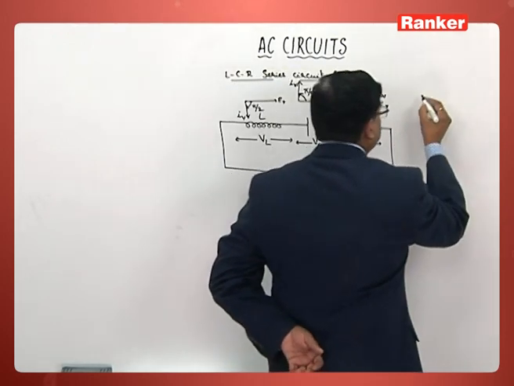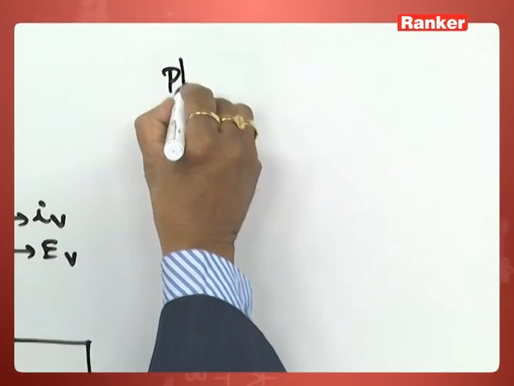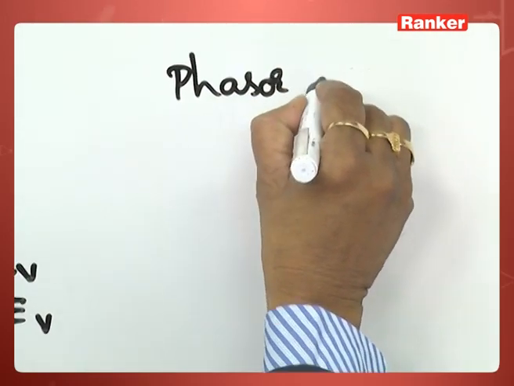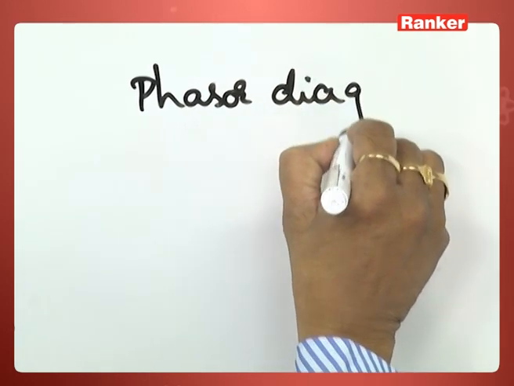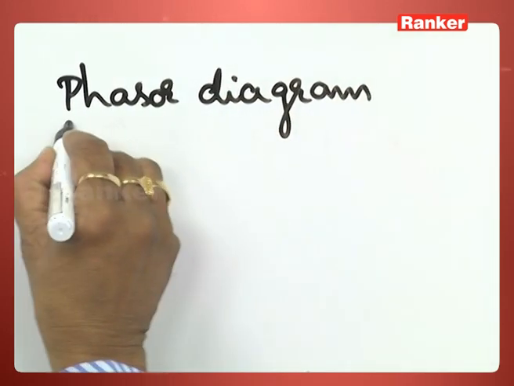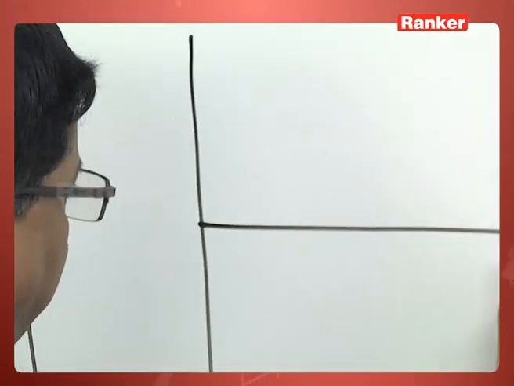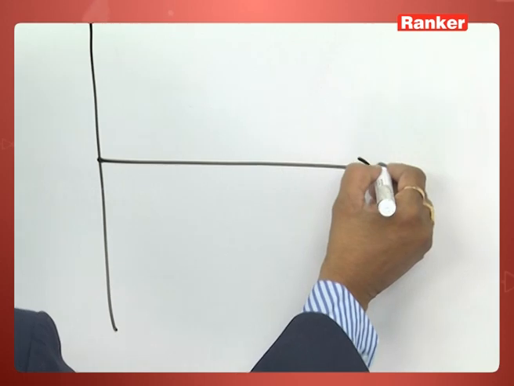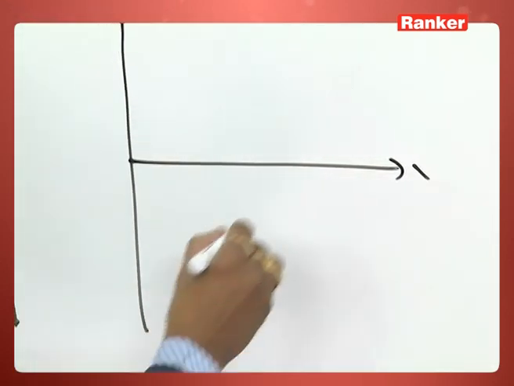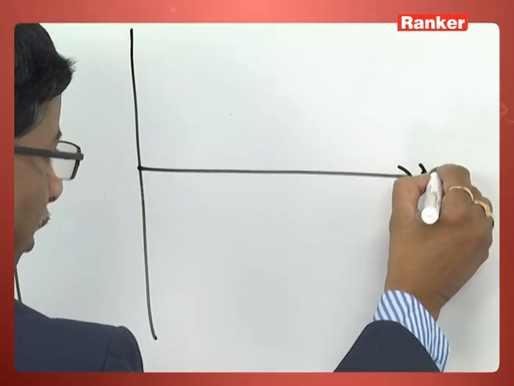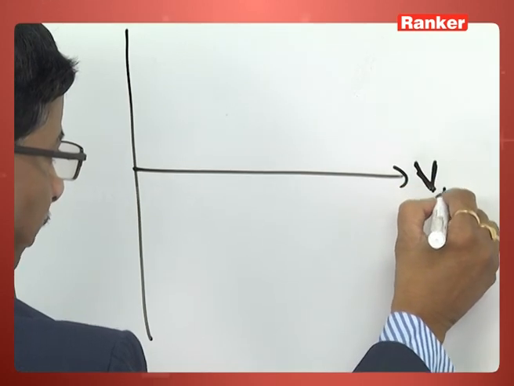When I just consider the phasor diagram here, let us start this way. This is x-axis and this one is y-axis. On x-axis, we are now considering VR.